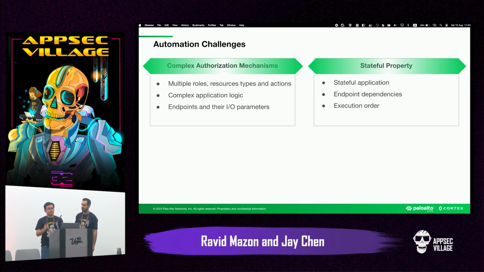Also, applications are stateful today. So each action you make or each API call you make can affect the state of the application. And basically each endpoint is dependent on one another. So imagine you try to delete a comment from an article or a post.